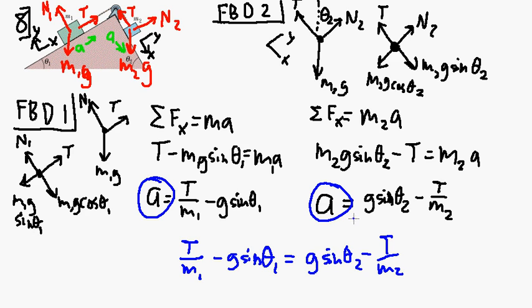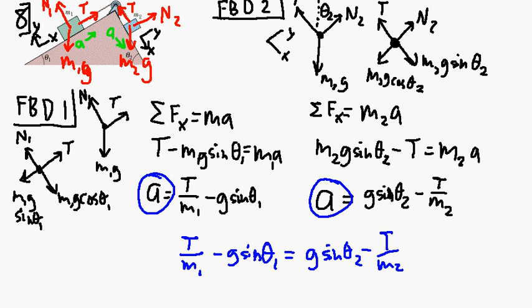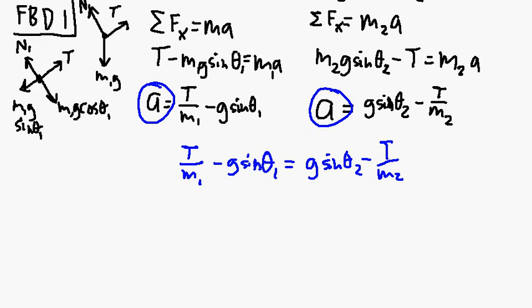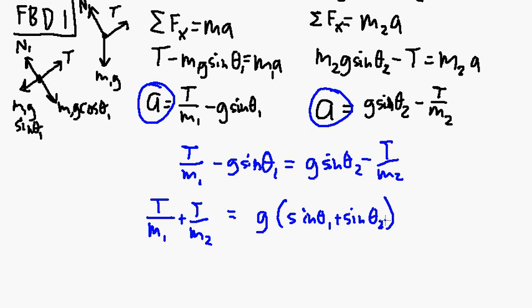Putting these together, we get that T over M1 plus T over M2 equals G times sine theta 1 plus sine theta 2.